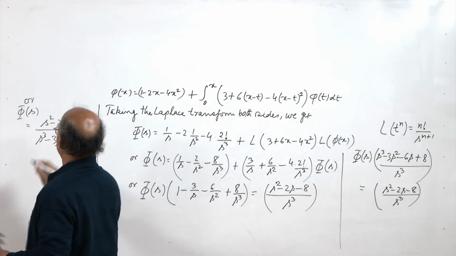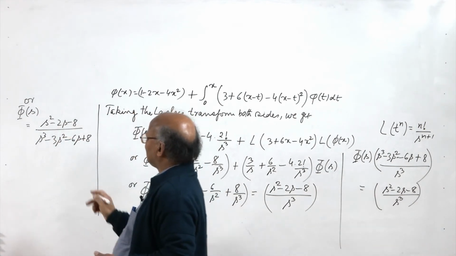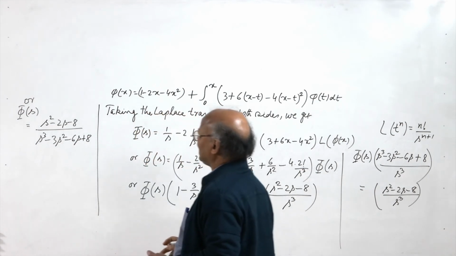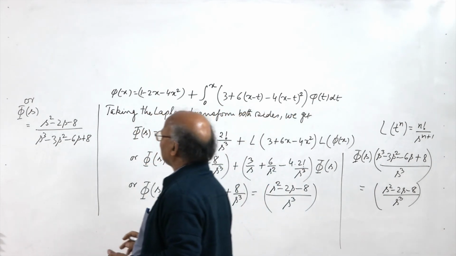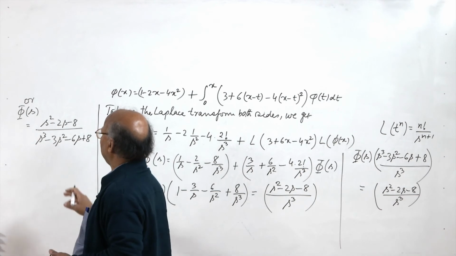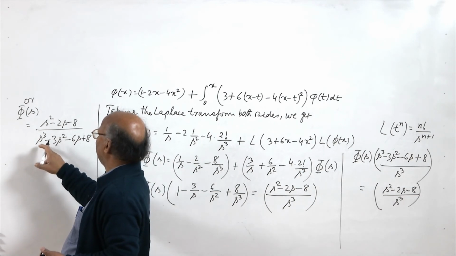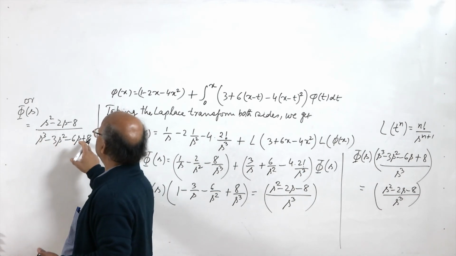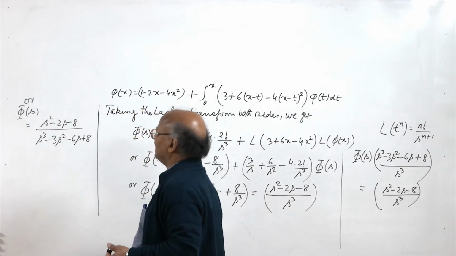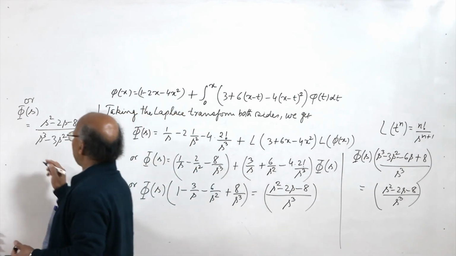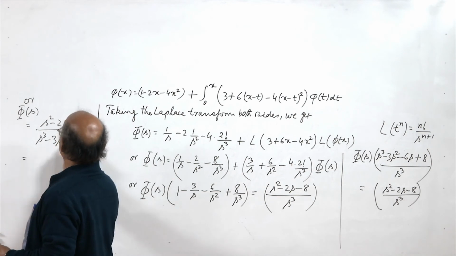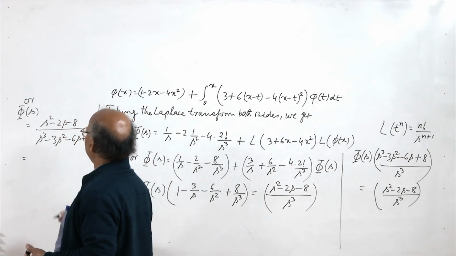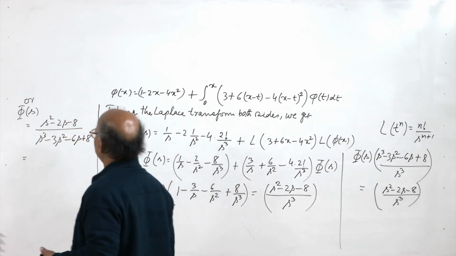Now, we can see that the denominator is a polynomial of degree 3 in s and s equal to 1 is a root of this polynomial, because when you put s equal to 1 what we have is 1 minus 3 minus 6 plus 8, which is zero. So s minus 1 is a factor, and when you divide it by s minus 1 what you get is s square minus 2s minus 8.